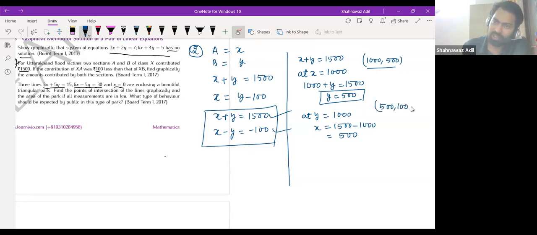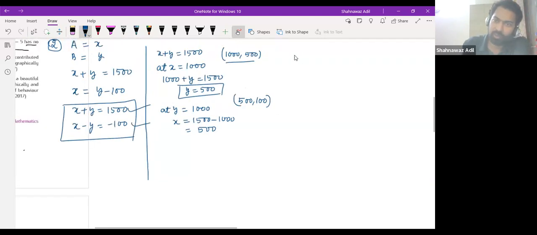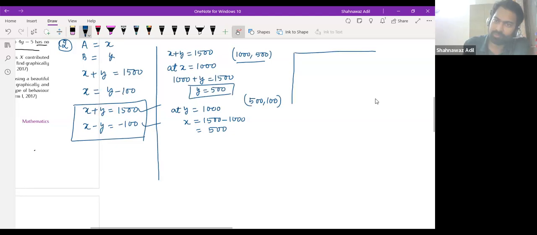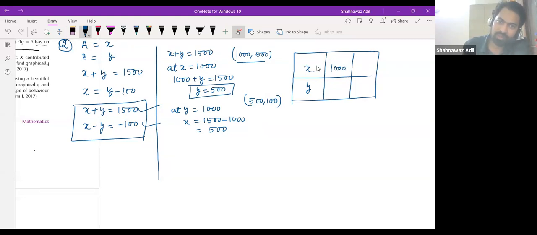So these are the two points for the line X plus Y equals 1500. For X equals 1000, Y is 500, and for X equals 500, Y is 1000. So this is for the line X plus Y equals 1500.